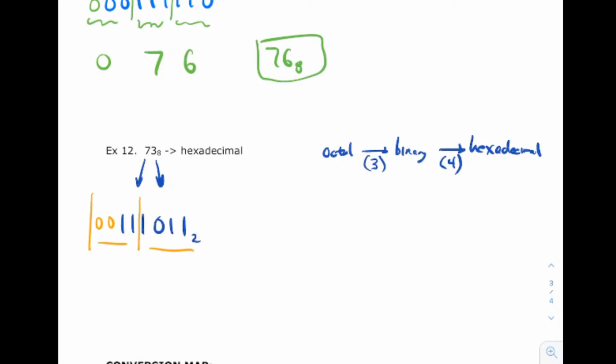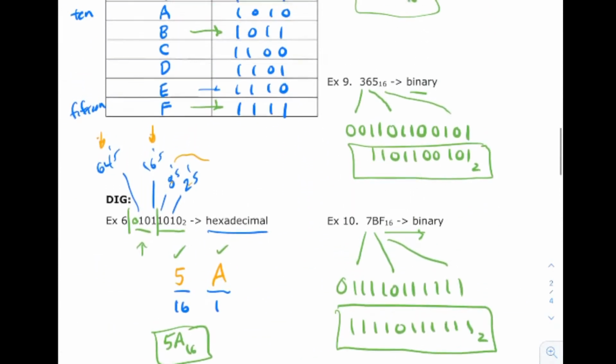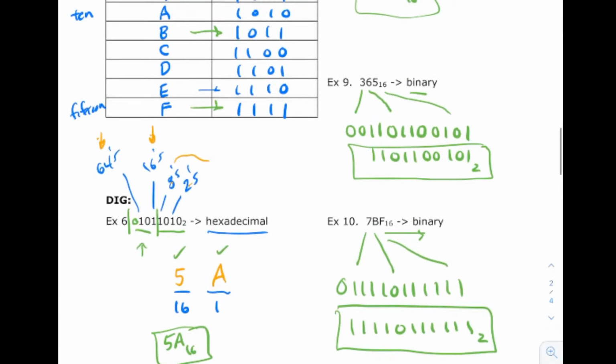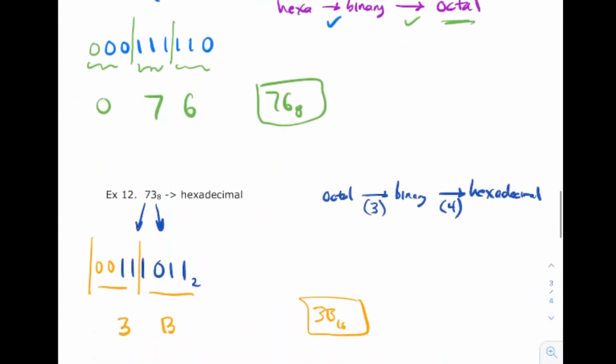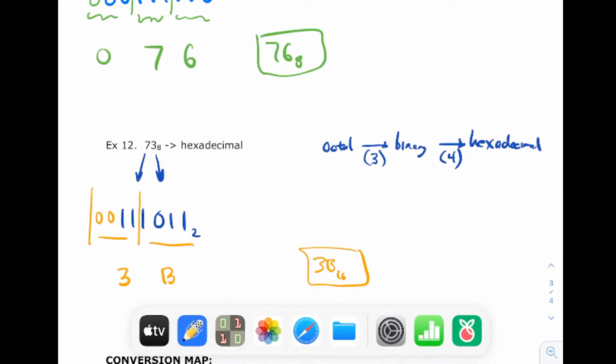And it turns out this is a 3, and this is, well, it's an 11, which is actually a B. So this is a 3B in the hexadecimal system. I'm going to double check that. 1011, 1011. Yep, it's a B. Good. That's a 3B.